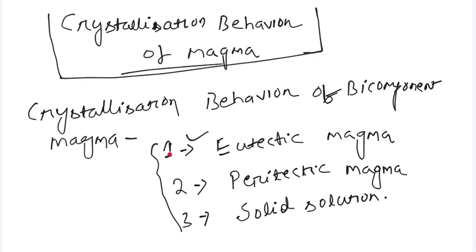First case, in the eutectic magma, the two components will not affect each other during crystallization. They will only be mixable at a particular composition.